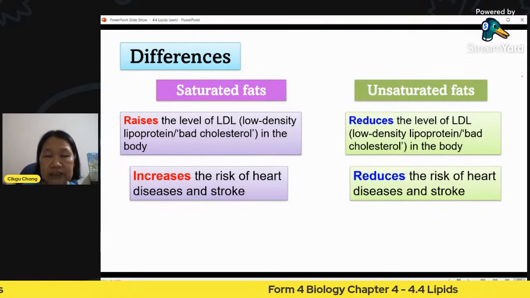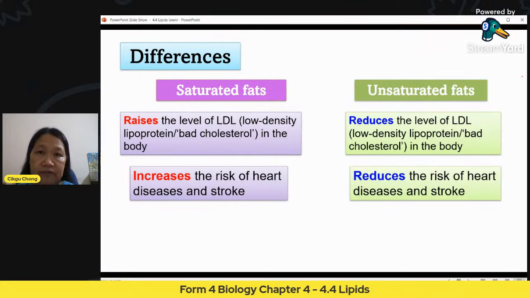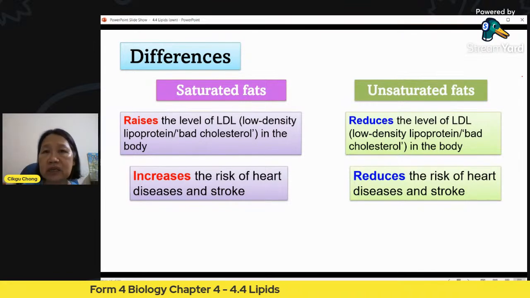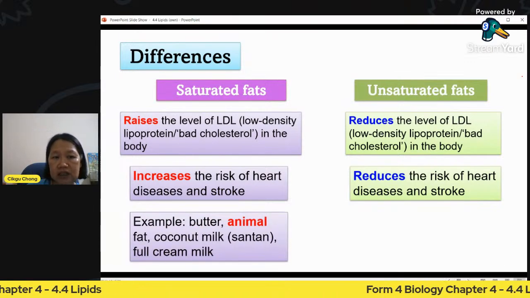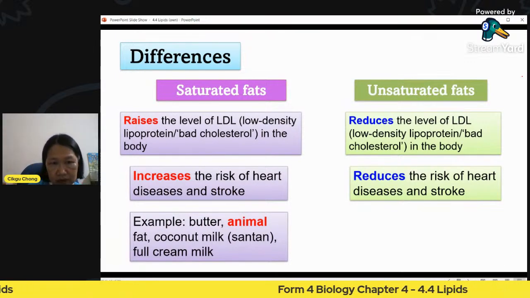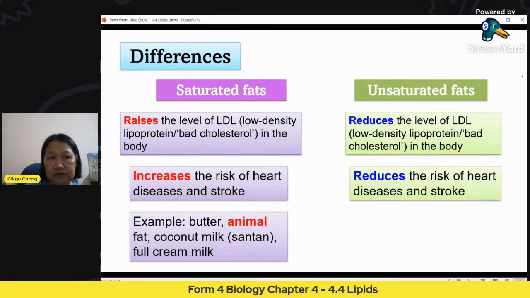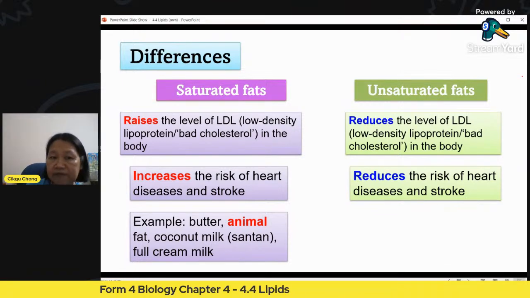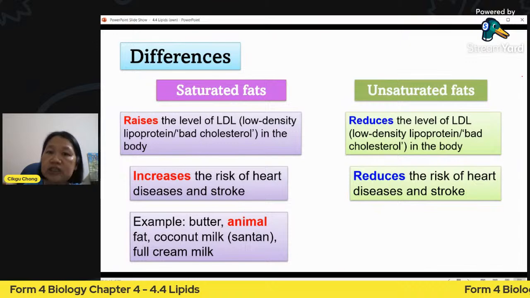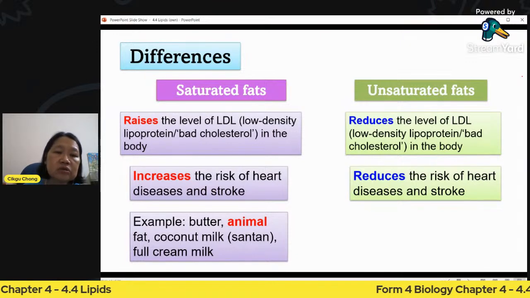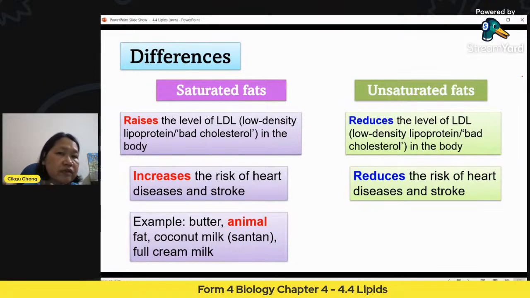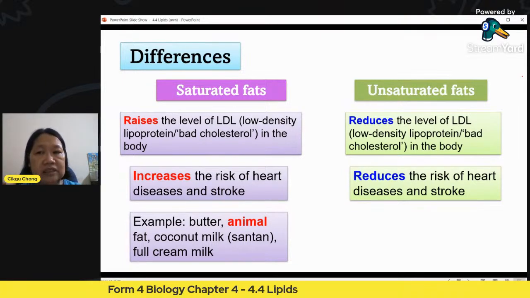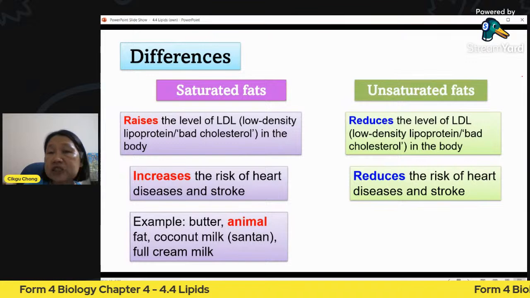So if you have a choice, always go for unsaturated fats, which are mostly in vegetable oil. Mostly, I say mostly, because there is an exception. Butter and animal fat, all these are from animal sources. Except for coconut milk, or santan, which is actually saturated, so don't take so much coconut milk. Even though it's vegetable, it's plant-based, it's saturated fat.